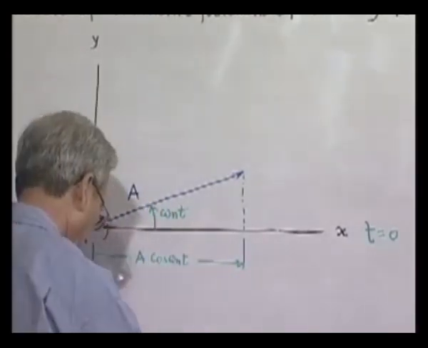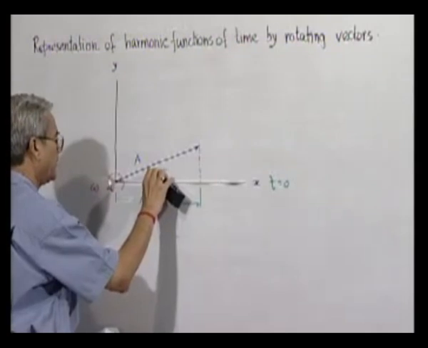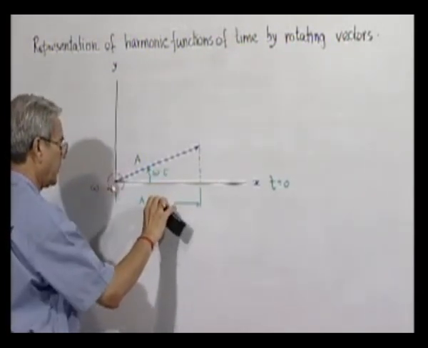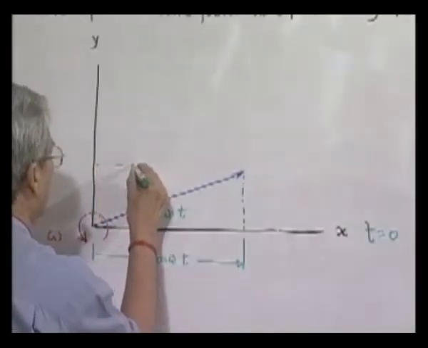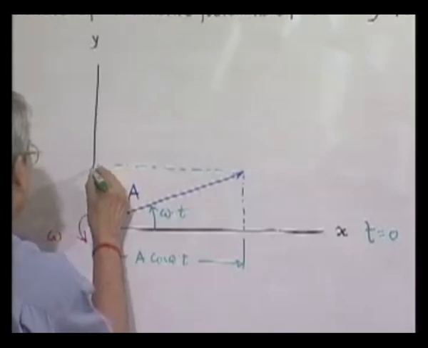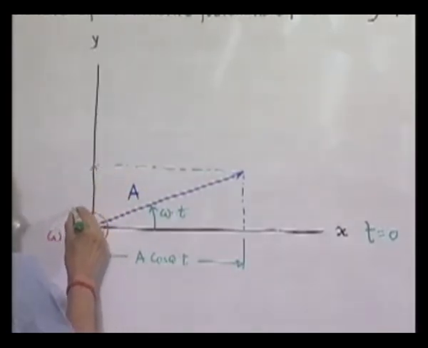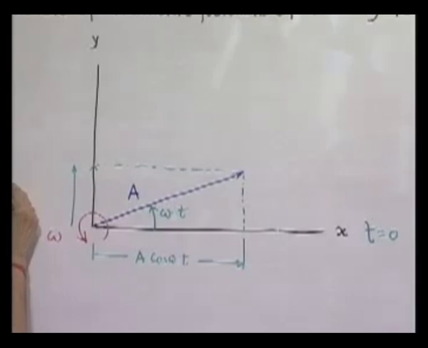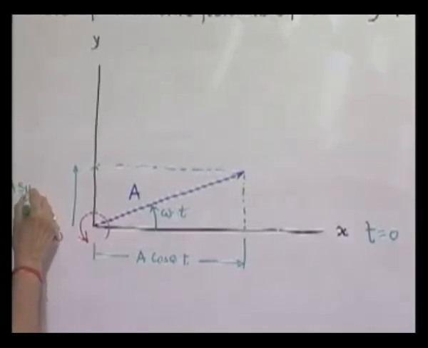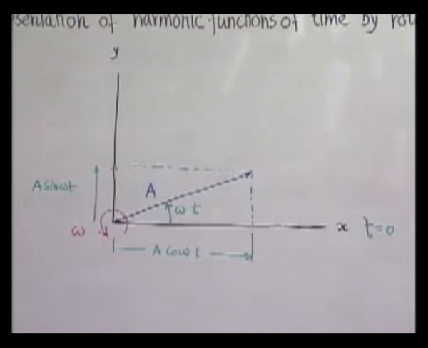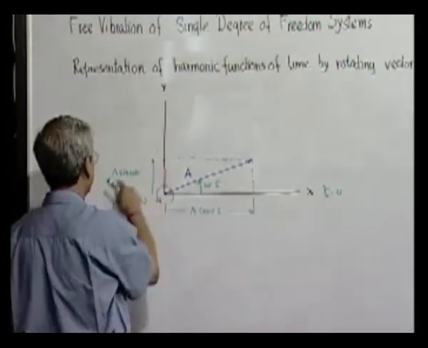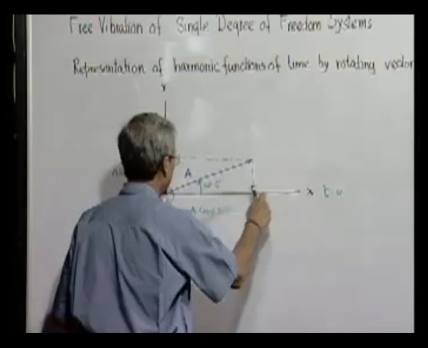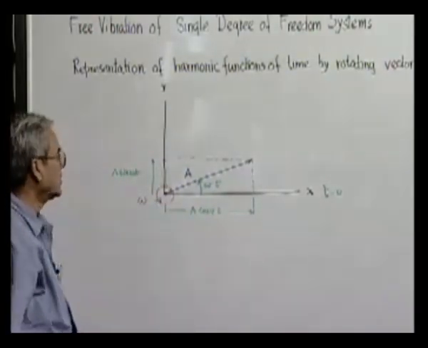And the y component at this instant is A sine omega t. Now, as it keeps on rotating, you will find this y component will vary as a sine function of time, and the x component will vary as a cosine function of time.